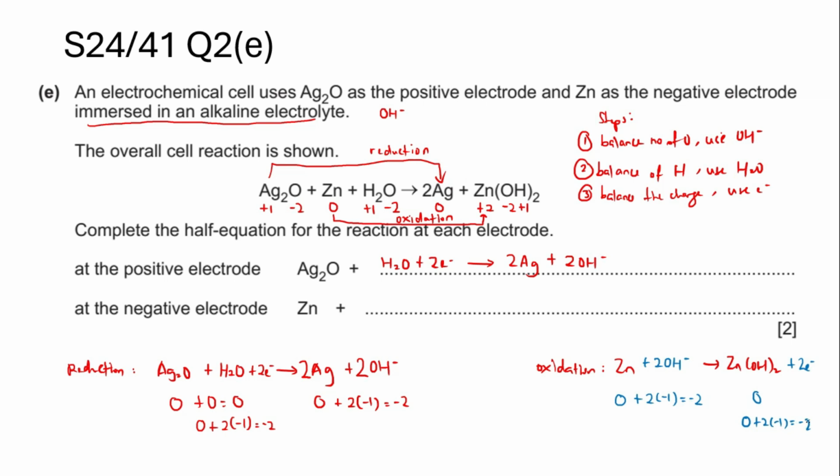So now both sides, same charge. The charge is balanced. This is our balanced oxidation half reaction, and we can now write it in the space given. So zinc with 2 hydroxide ions will form zinc hydroxide and 2 electrons. So we have completed the 2 half equations for each electrode.